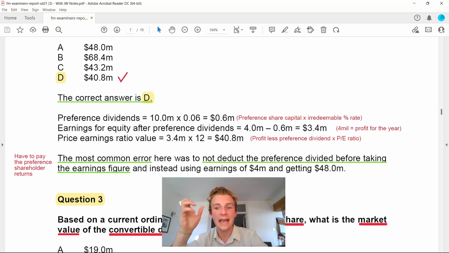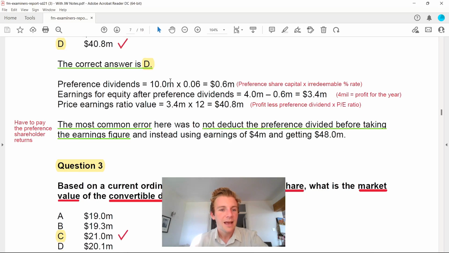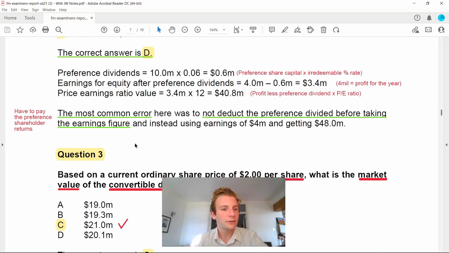Finally, that's where we have our profit for the year after those preference dividends, giving us our price earnings ratio value of the 3.4 million carried forward, as you can see, multiplied by the 12, the PE ratio, which we're given in the question above, and that is where we get our 40.8 million. The common error for you to get down in your notes is you have to pay the preference shareholders' returns.